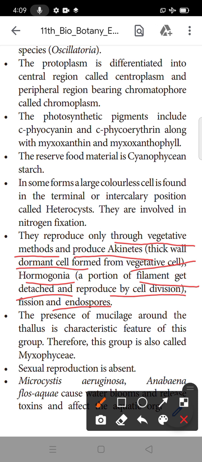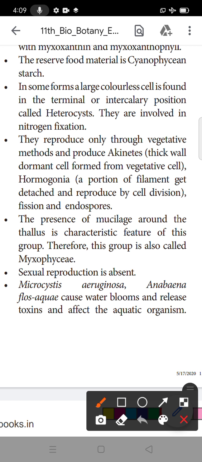The presence of mucilage around the thallus is a characteristic feature. Therefore, the group is called the slime group. What is the name of the group? It is the Myxophyceae.